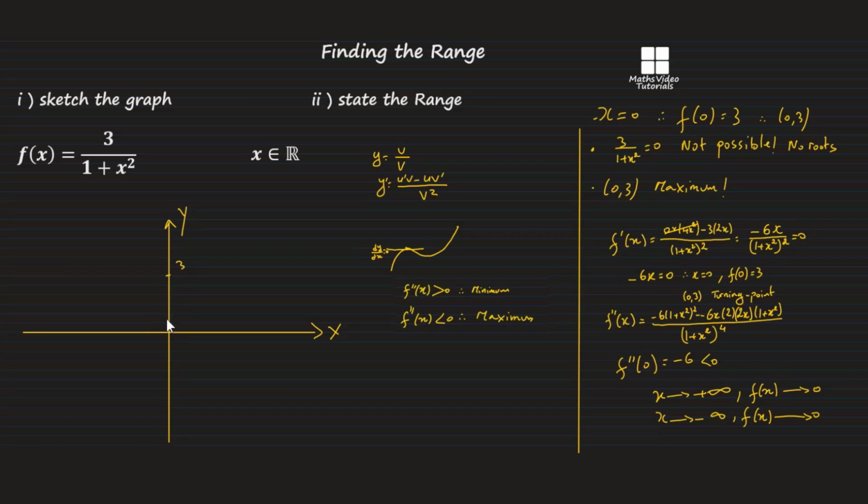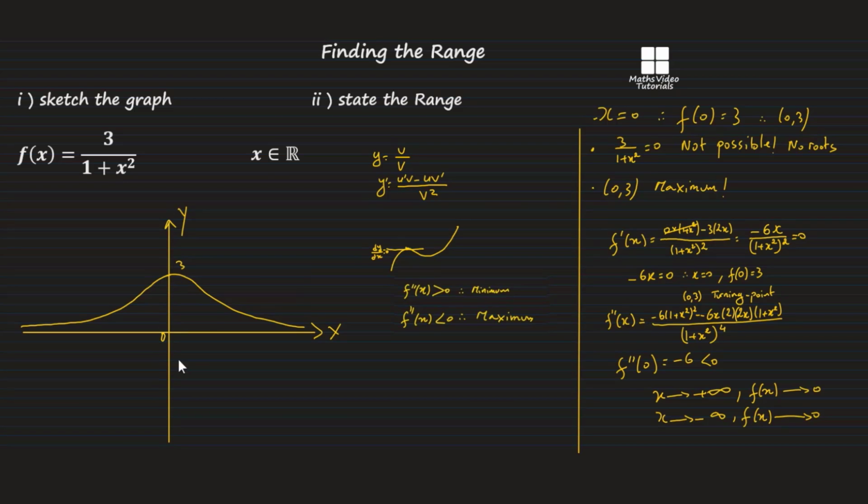And we just studied the graph at very large and very small values. It will tend to 0, meaning the x-axis will act as an asymptote. So our graph will approach but never cross the x-axis, crosses the y-axis at 3, goes down, and approaches the x-axis again, but never crosses it. So that's the shape of our graph.